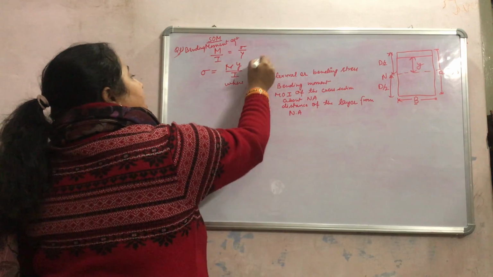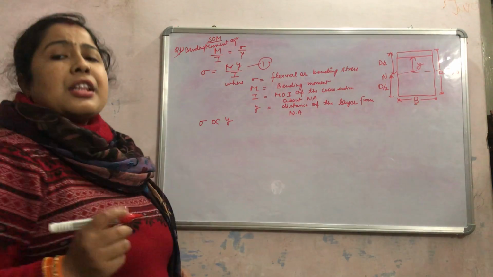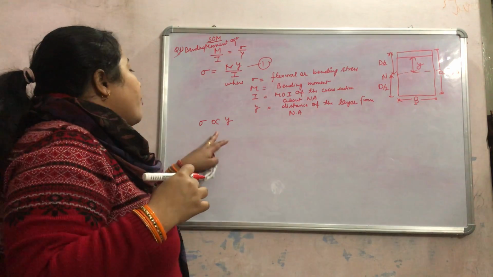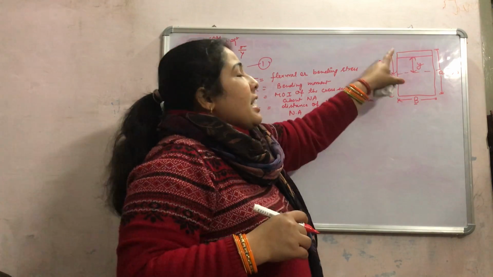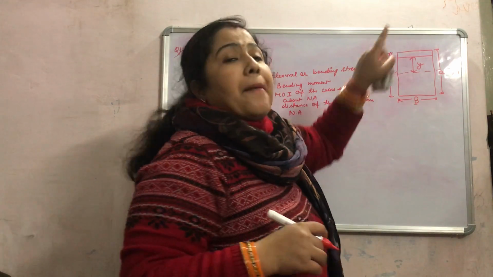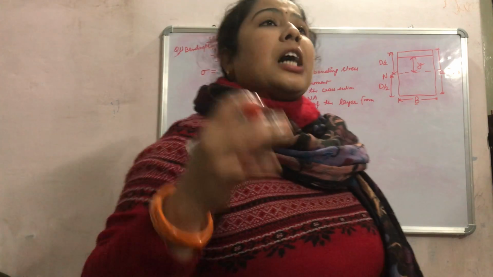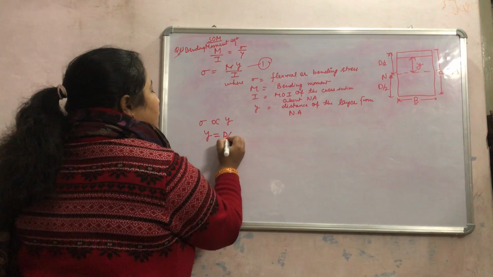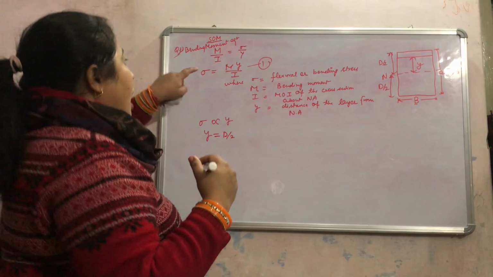From this equation, sigma proportional to y. It means maximum flexural stress is taken when the y is maximum. For this cross section, y is maximum at the bottom and upper layer of the cross section, because which is farthest from the neutral axis. So, y equal to D by 2 for maximum flexural stress.